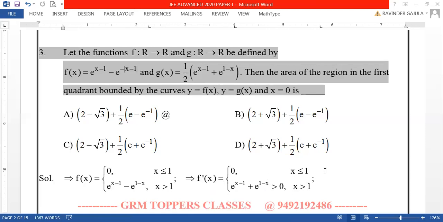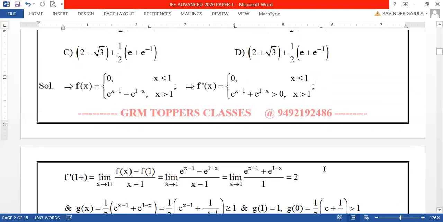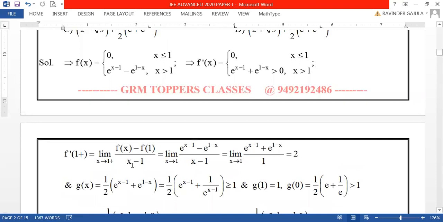So now you can say this. Then what is f dash 1 plus? So f dash 1 plus can be taken as this one, 2, just on the right side. Anyway, from there onwards f of x will be increasing.